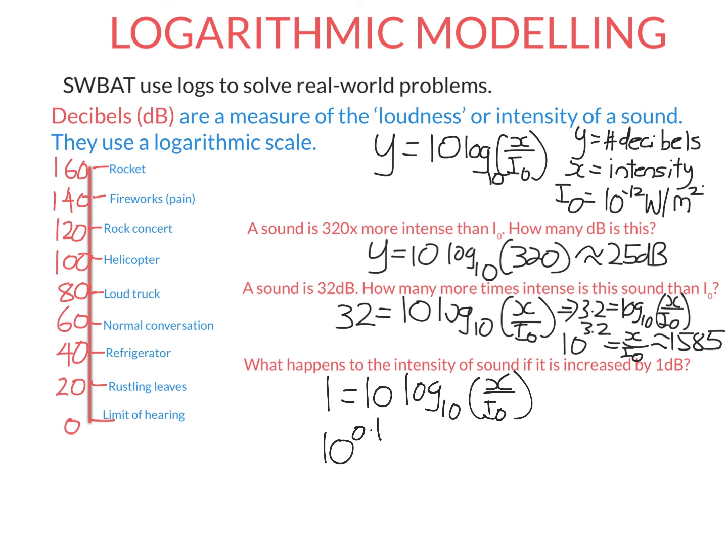So 1 divided by 10 is 0.1, and raising 10 to that power, we get X over I0 equals 10 to the power of 0.1. And that gives us 1.26. What that means is each time you increase the sound by 1 decibel, the intensity is multiplied by 1.26.